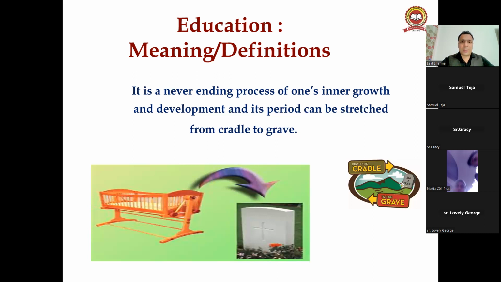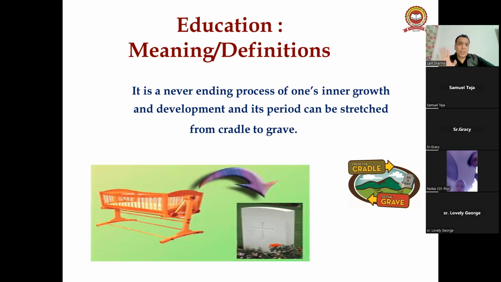You can see in the picture the cradle and the grave. What does it mean? It means education starts from the womb and goes up to the grave, which means that in the whole of life we are getting education.